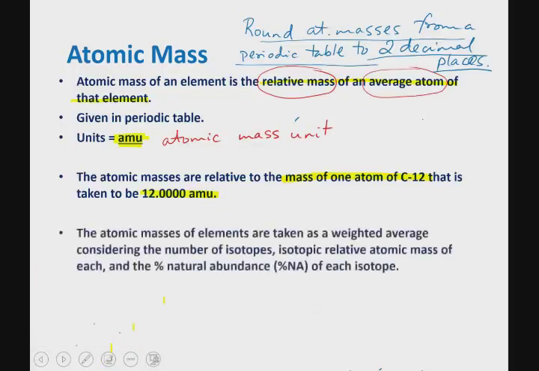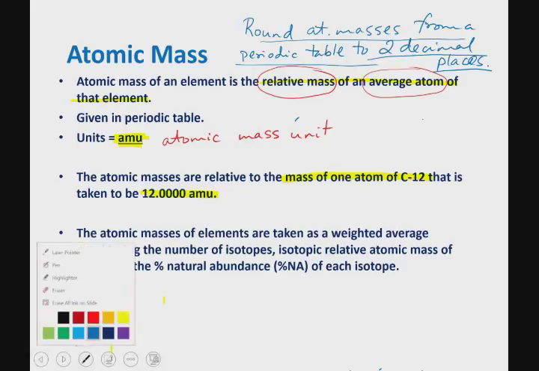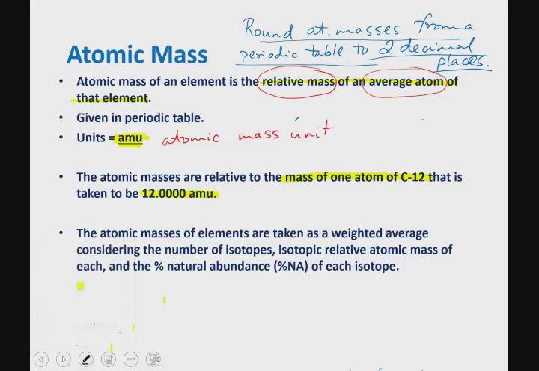The atomic masses of elements are, as we said, weighted averages considering all the isotopes of that element present in nature. Now, whenever we are determining relative atomic masses of elements, we must have three very important pieces of information. We must know how many isotopes exist for that element, the number of isotopes. We must also know the relative atomic mass of each isotope.